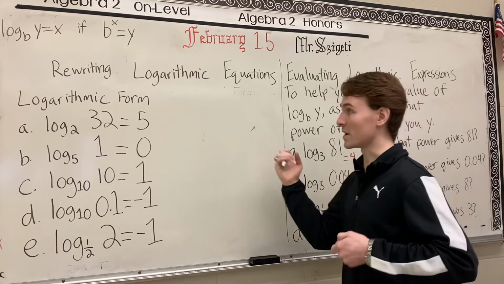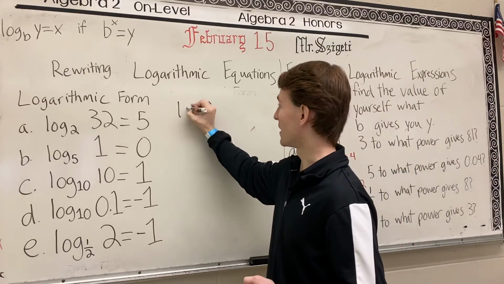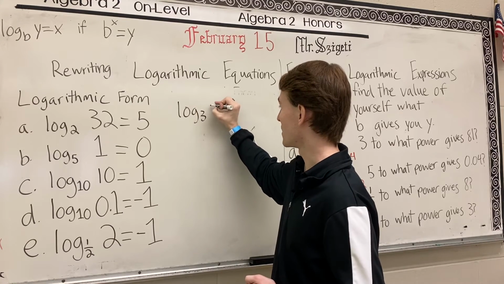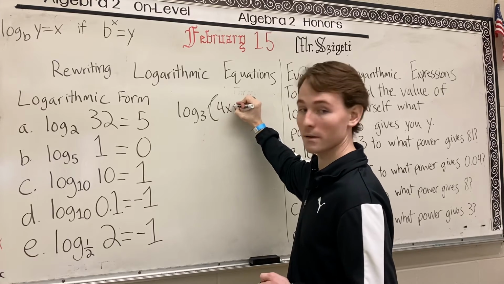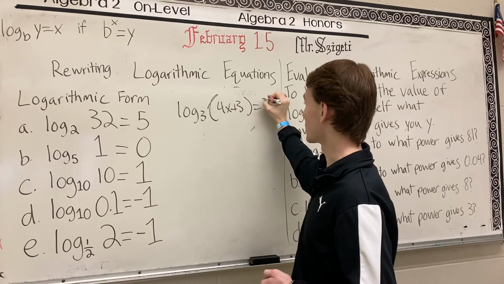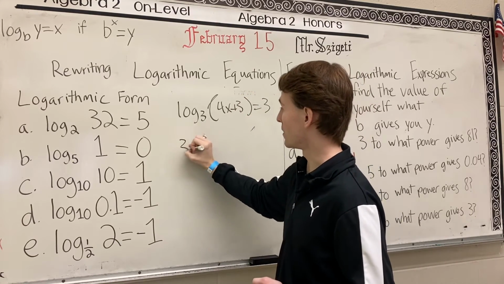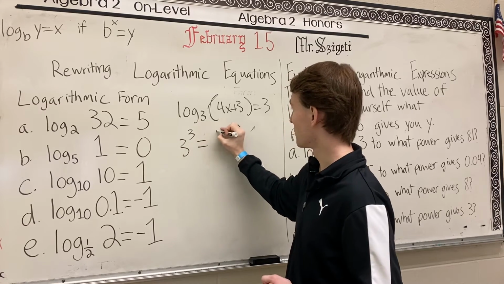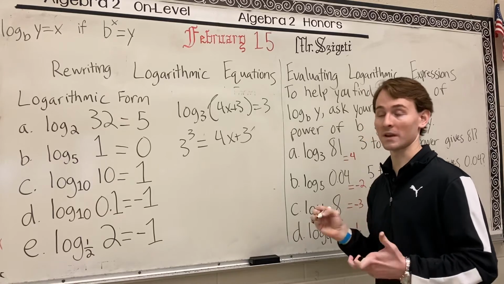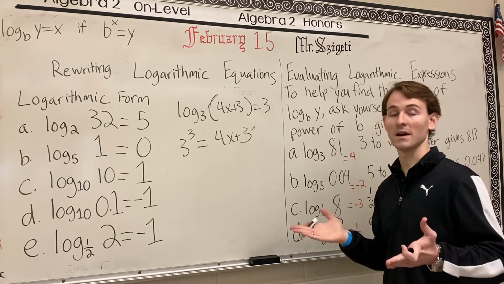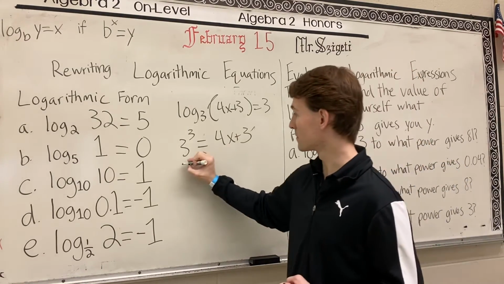So, quick equation we're going to start with. Let's say we've got log base 3 of 4x plus 3 is equal to 3. So what we know is 3 to the 3rd power is equal to that. We're going to continue to evaluate and finally isolate the variable x.